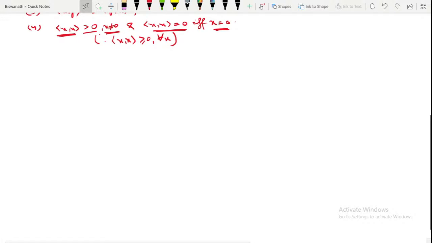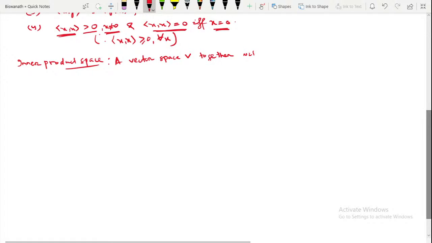So, what is an inner product space? A vector space V together with an inner product is called an inner product space.